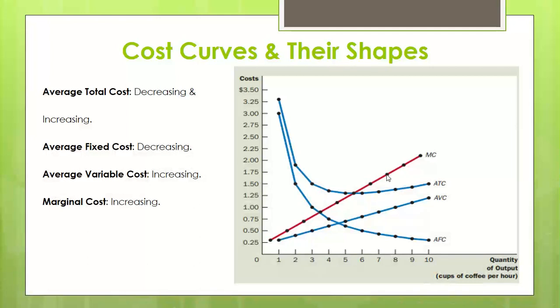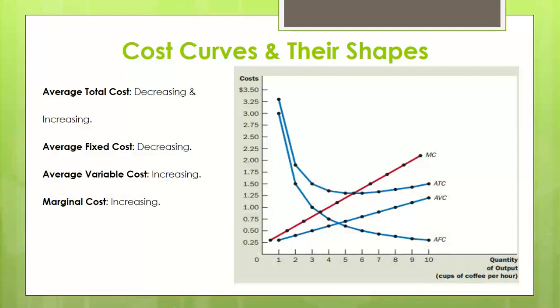The marginal cost curve, if we can see here, crosses the average total cost curve at its minimum point. So the point of intersection of the two curves, this one, is where the marginal cost curve crosses the average total cost curve at its minimum.